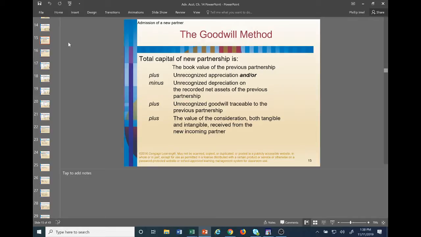Now, the total capital of the new partnership will consist of the following values: the book value of the net assets of the previous partnership, plus or less unrecognized appreciation on the recorded net assets of the previous partnership, plus the unrecognized goodwill traceable to the previous partnership, plus the fair value of the consideration, both tangible and intangible, received from the new incoming partner.